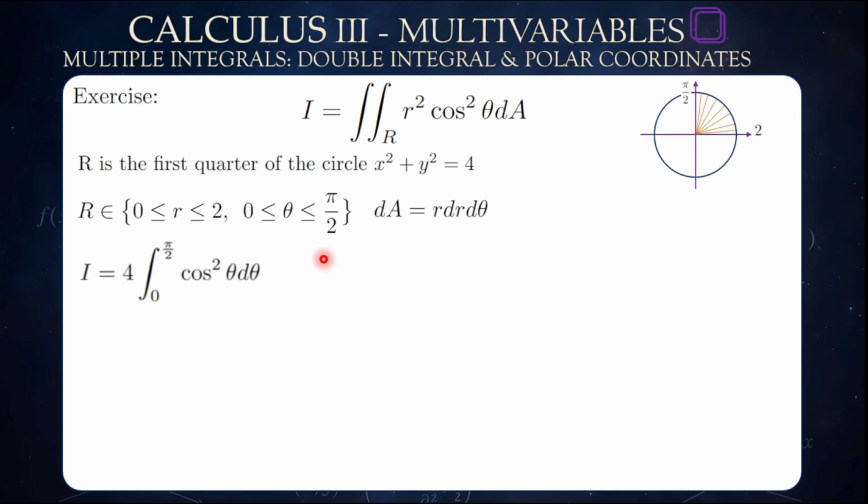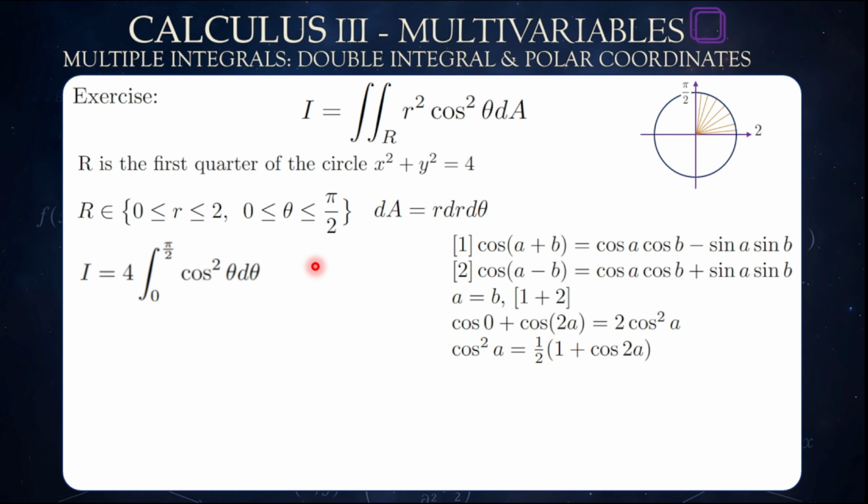Now how to solve cosine square theta d theta? Going back to trigonometric rules, you have cosine (a plus b) equal to cosine a cosine b minus sine a sine b. Cosine (a minus b) is equal to cosine a cosine b plus sine a sine b. By the way, you need to memorize that for the cosine, plus becomes minus and minus becomes plus, and on the other side of the equation you multiply the cosines together and the sines together.